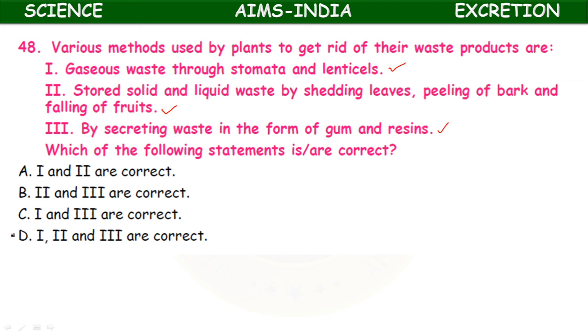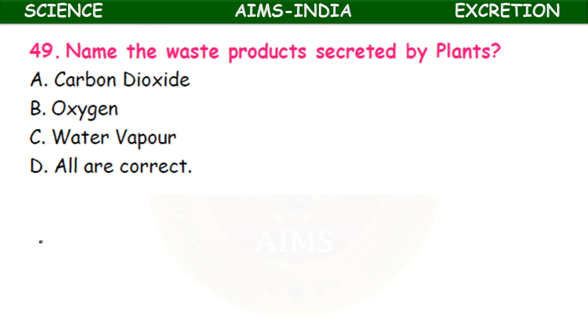So here option D, 1, 2 and 3 are correct. Name the waste products secreted by plants: carbon dioxide, oxygen, water vapor, all are correct.